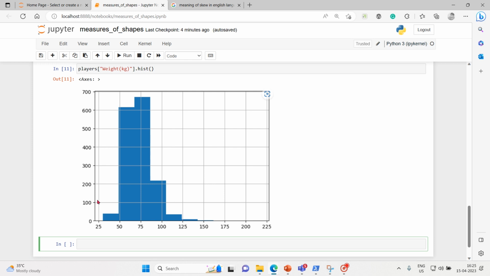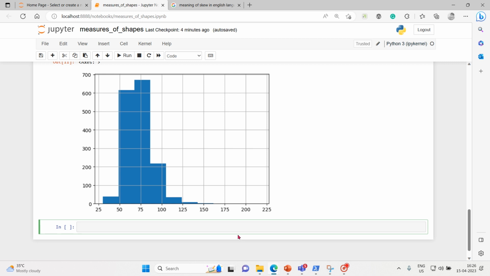And you see most of the soccer players have a weight between 50 to 100. So that is the reason most of the players are concentrated on the negative side, because here the mean is somewhere here. So the negative side of the mean. That's what it says. And let's take more data.